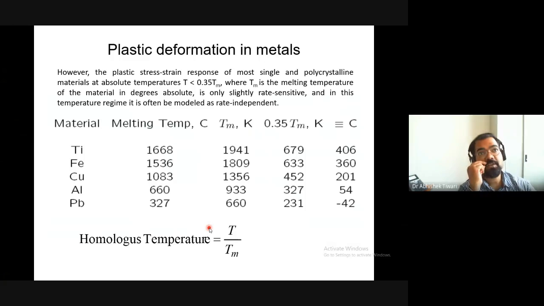If you look at it in a different way, dislocation movement is actually flow of the material. So you can consider it to be a laminar flow, where one layer of liquid is flowing over another layer of liquid. And as you increase the viscosity, this flow tendency will decrease, right?